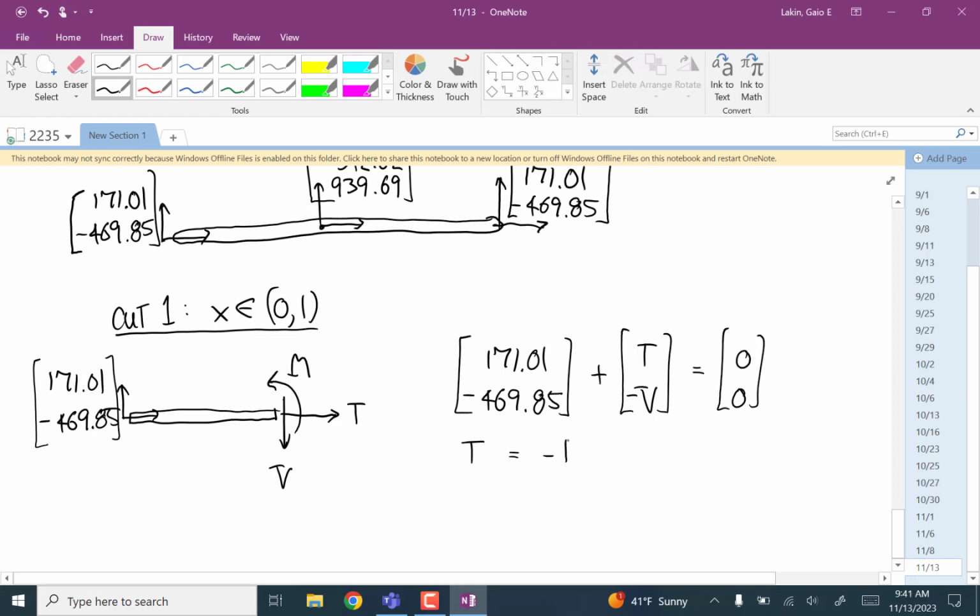So T is negative 171.01. Is this in tension or compression? Compression, yep. And V is equal to negative 469.85.